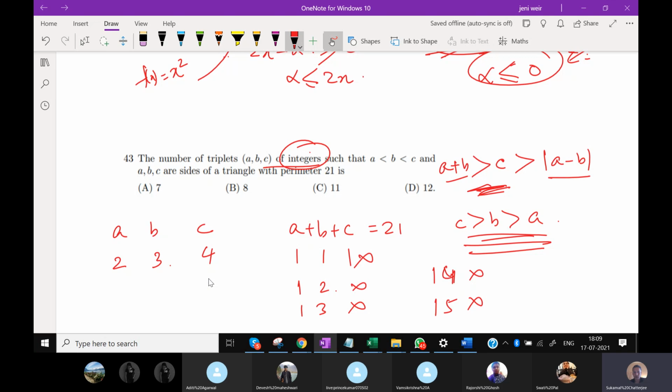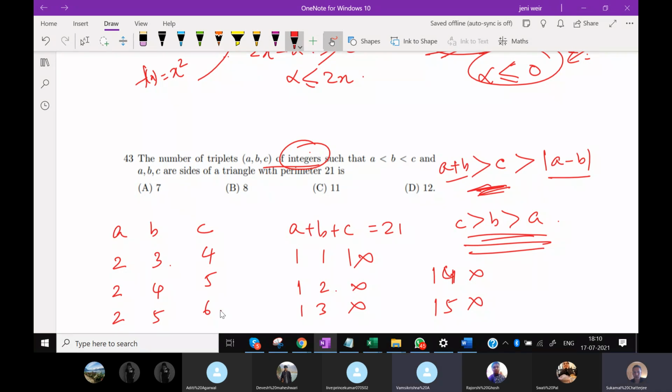This is the only value that C can take. If this is 2, this is 4, then C can be 5. If this is 2, this is 5, then this can be 6, right?